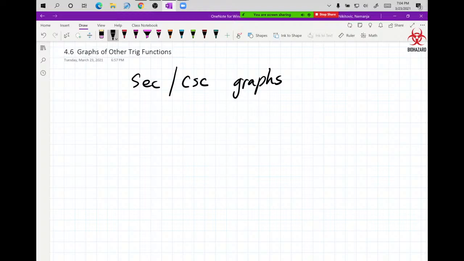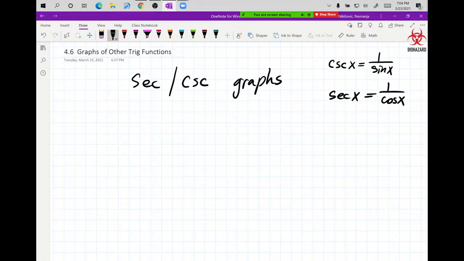Before I do anything, I will remind you that cosecant x is 1 over sine x, and secant x is 1 over cosine x. Well, that should tell you something immediately, right?